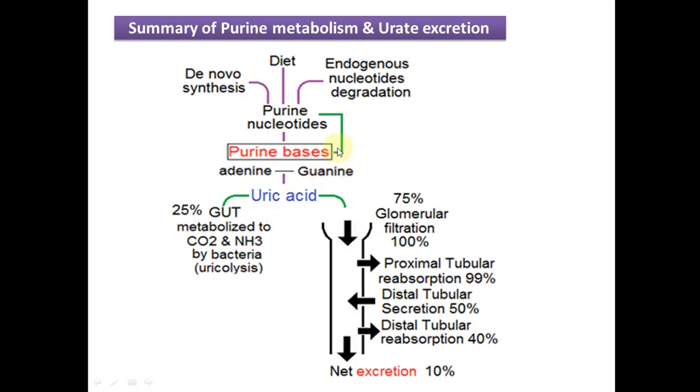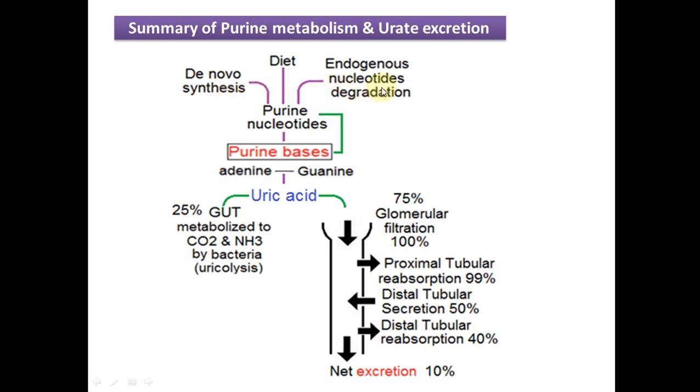Now, the purines which are converted into the uric acid and urates may be derived from the diet. For example, red meat contains high amounts of purines. Sometimes there is de novo synthesis of the purines from non-purine derivatives.